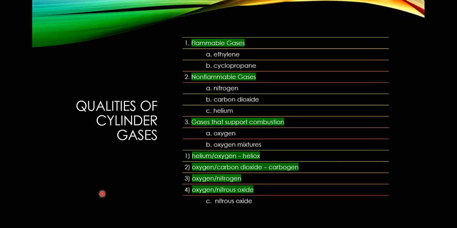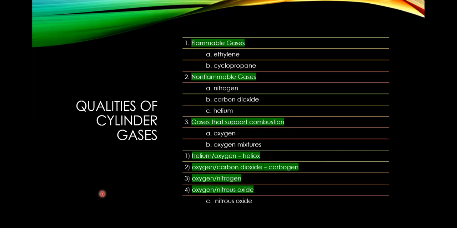As well as nitrous oxide. So oxygen, nitrous oxide, and anything that has oxygen in it support combustion. Those are the qualities, either flammable, non-flammable, or supports combustion are the three qualities of cylinder gases. Flammable, non-flammable, or it supports combustion.